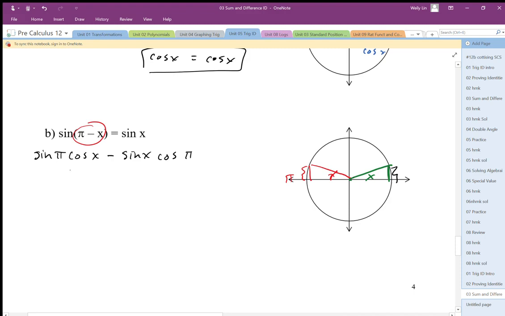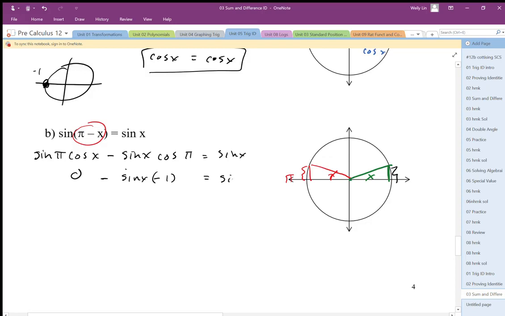Sine of pi is the vertical position. It's right there, and the vertical position is 0, so that all becomes 0. Cosine at that point is negative 1. So I end up with sine x times negative 1, and that's equal to the sine x on the right hand side of that expression.